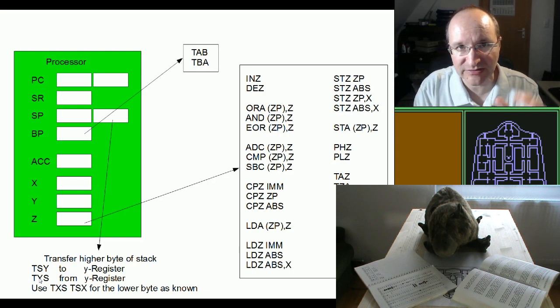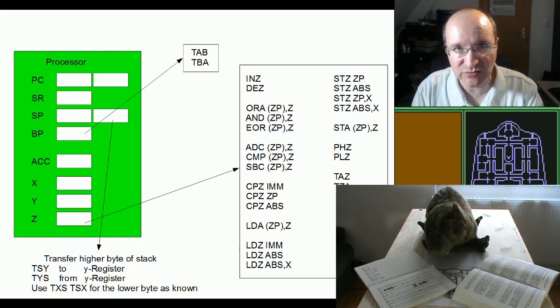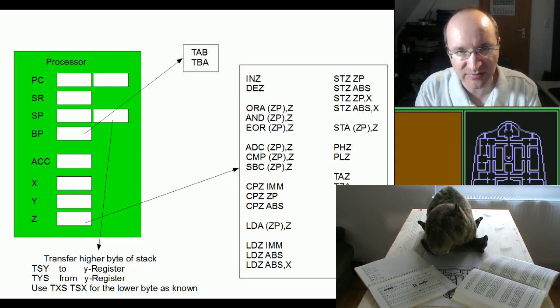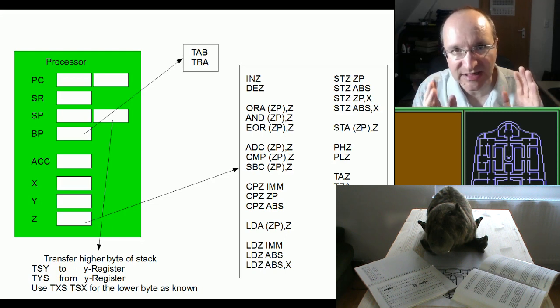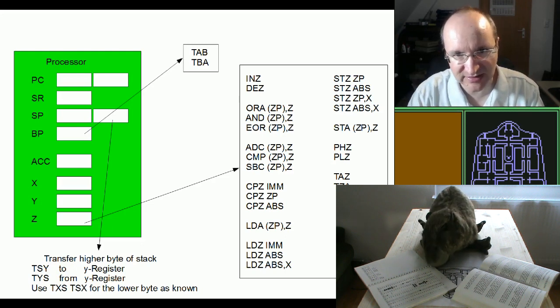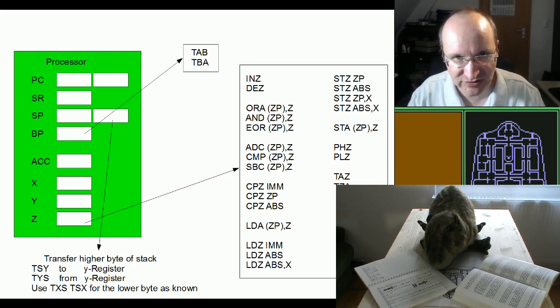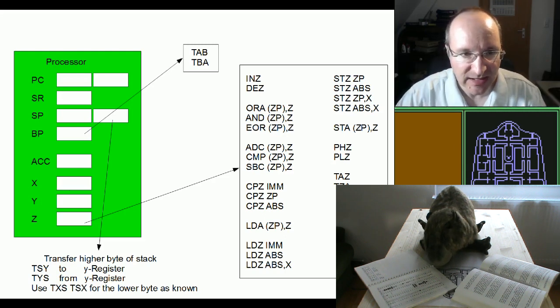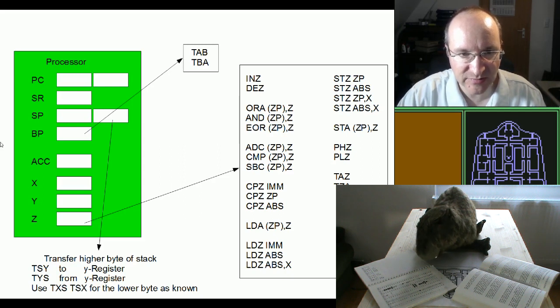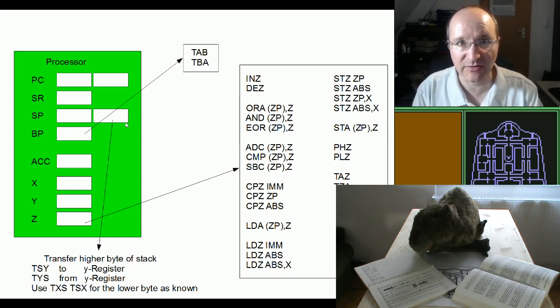Don't be afraid, there are two possibilities to use the stack pointer. You can still use it as you know it from the Commodore 64, as an 8-bit stack pointer, and in this case the stack is again located on the second page, page 1. But there is another mode where it can be 16-bit, and then it can be located wherever you want.